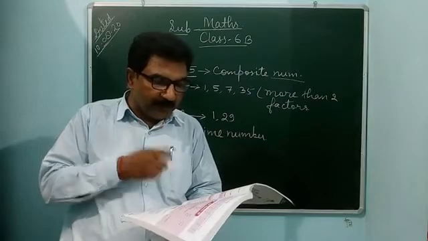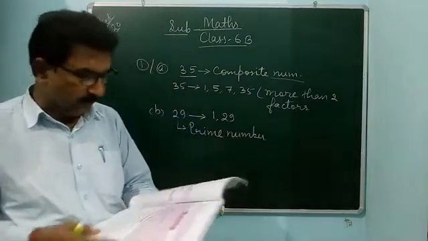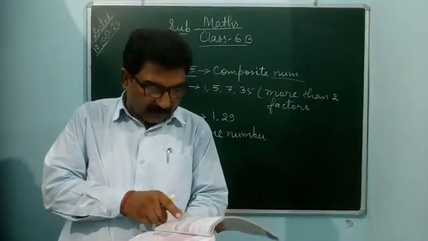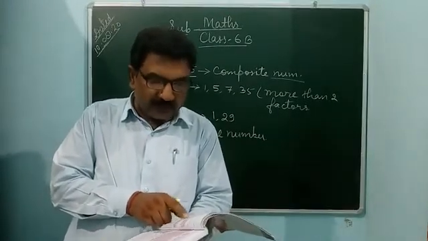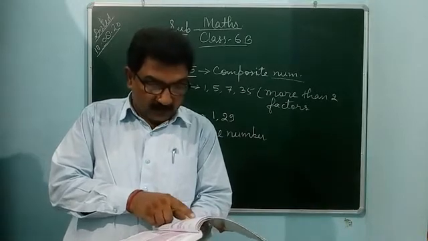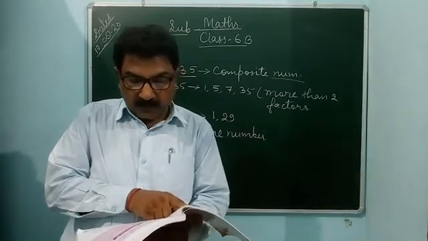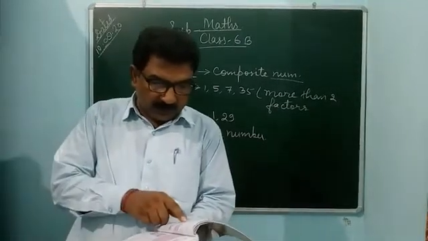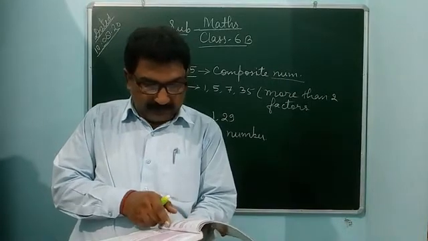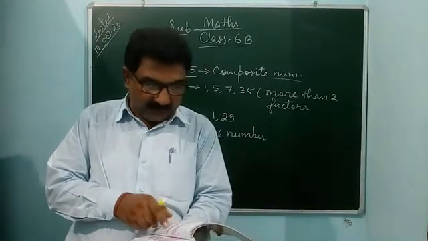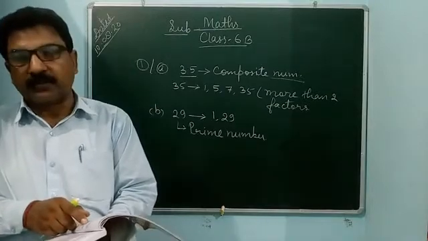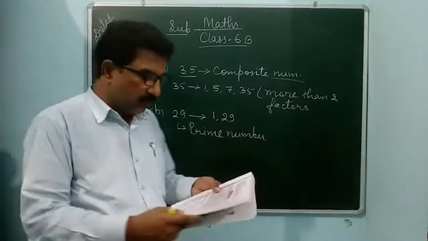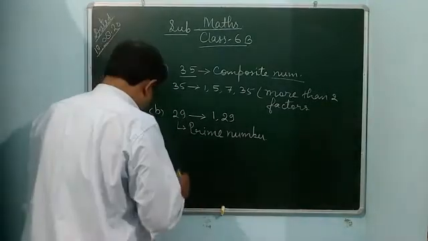Write down separately the prime numbers and composite numbers less than 20. The prime numbers are encircled, and the composite numbers, except 1, are given as 4, 6, 8, 9, 10 like this. So till 20 you can write.